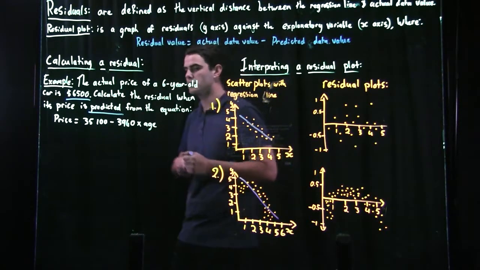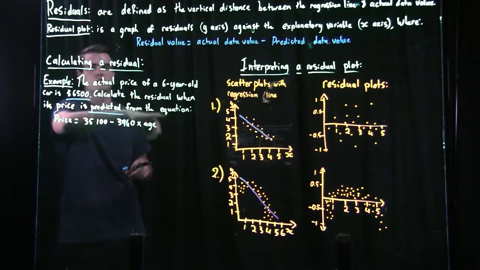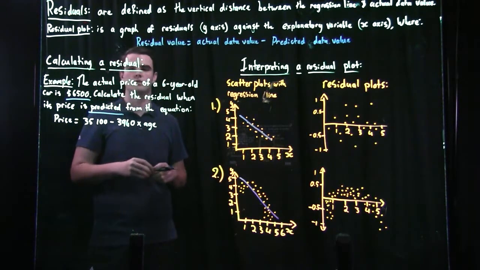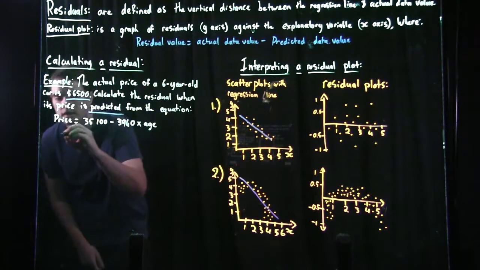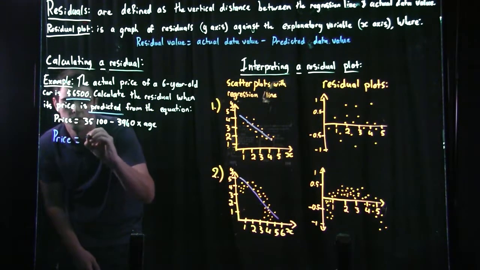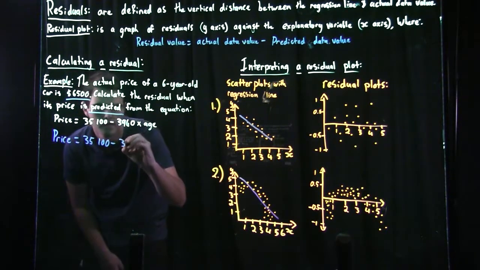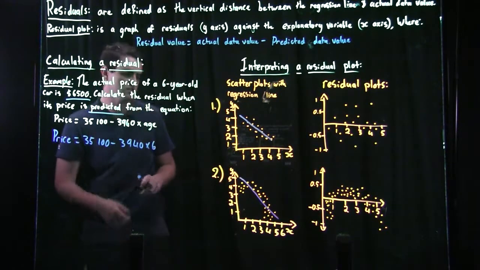Okay, we're going to go through this one really quickly. It's pretty straightforward. In this question, the actual price of a 6-year-old car is $6,500. Okay, the big thing here is in the equation we need to know the age, and we've been given the age. Okay. So I can write my predicted price will be 35,100 take 3,900 multiplied by 6.